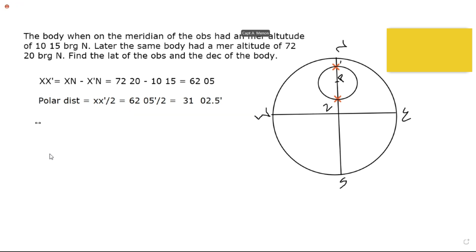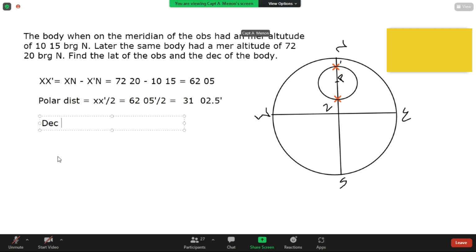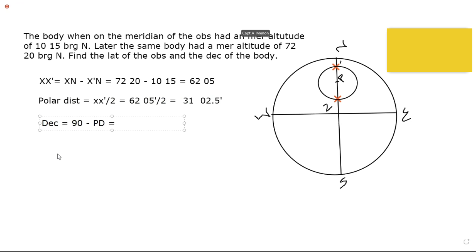But you know the declination. Declination is equal to 90 degrees minus polar distance, which is equal to 58 degrees 57.5 minutes north. Why? Because now obviously you know the declination is parallel to the equinoctial.